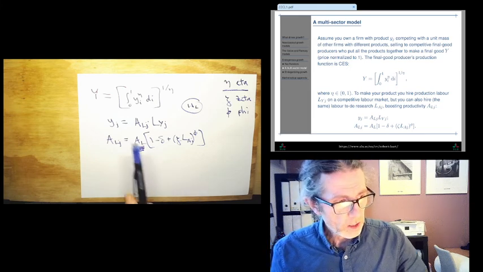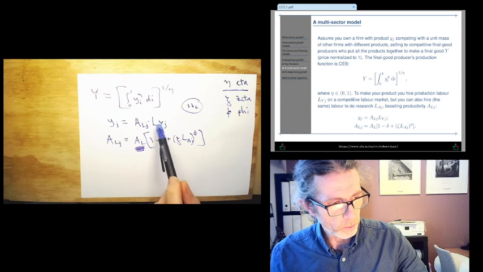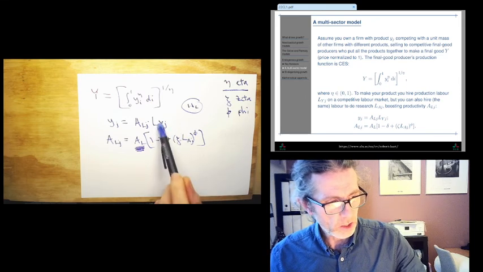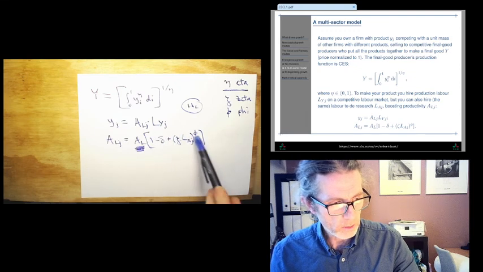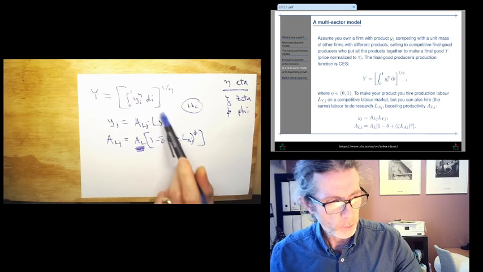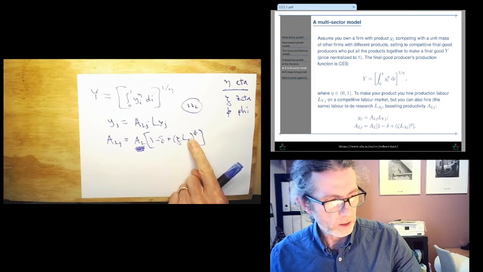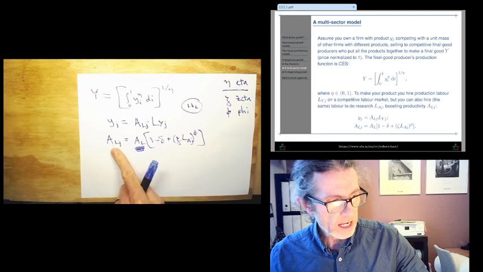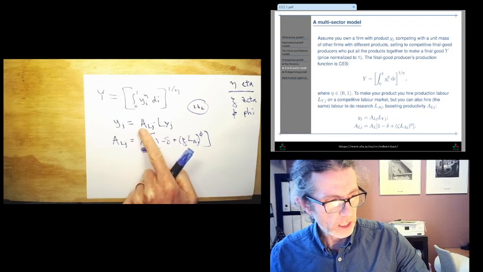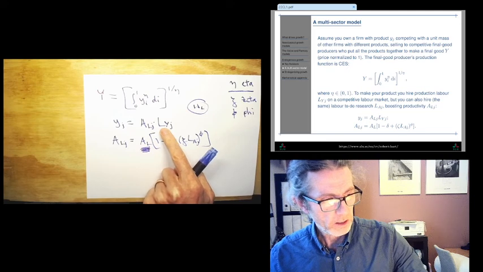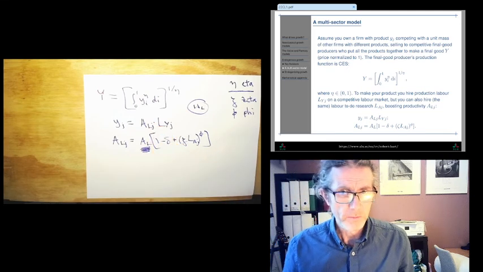Okay, so for a given total number of workers, LYJ and LAJ, it should be clear that there's going to be some optimal balance between putting them into research and putting them into production. If we put none into research, then we know ALJ will be AL times 1 minus delta, and then we can write YJ is AL 1 minus delta L, where L is the total labor, LJ.